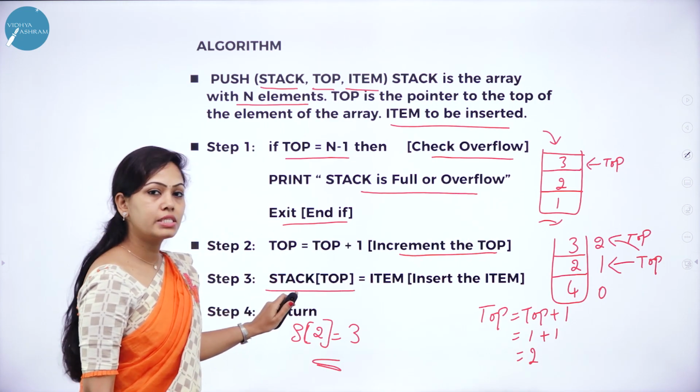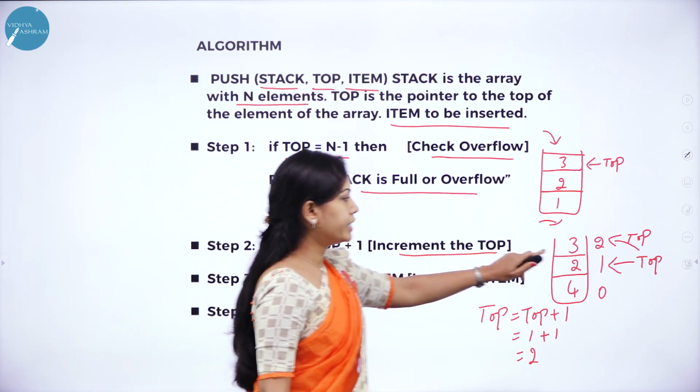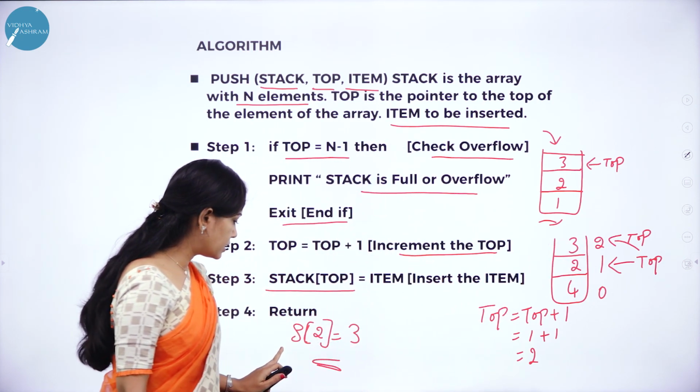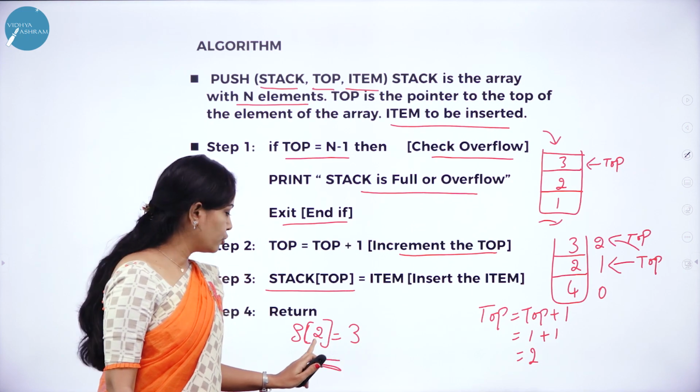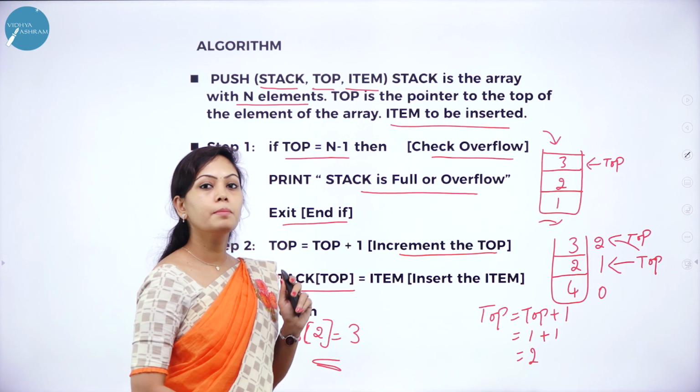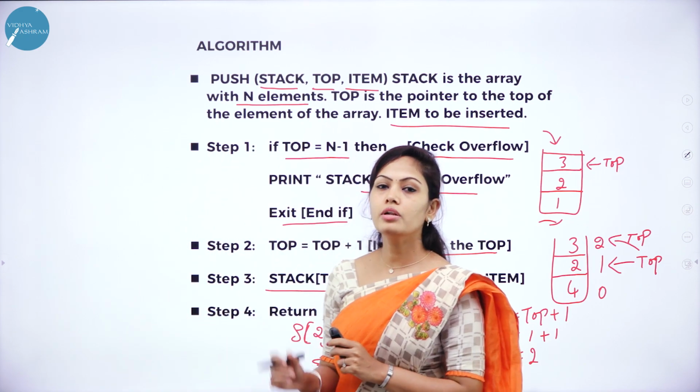Then check stack of top is equal to item. Item means which item you are going to insert. So stack of 2 is equal to 3, where 2 is the top value. This is called the push operation.